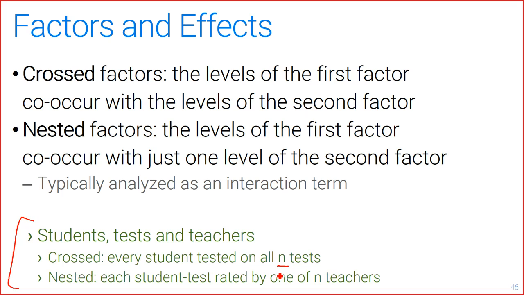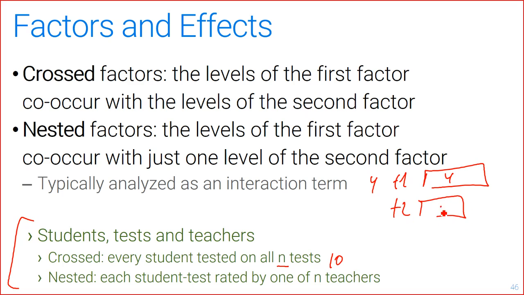If, for example, every test is rated by a different teacher, that would be a nested factor. So the teacher would be nested within the test. So let's say that we have 10 teachers and we have 4 tests, four teachers per test. The idea would be that for test 1, we have 4 different teachers. For test 2, we have 4 different teachers.